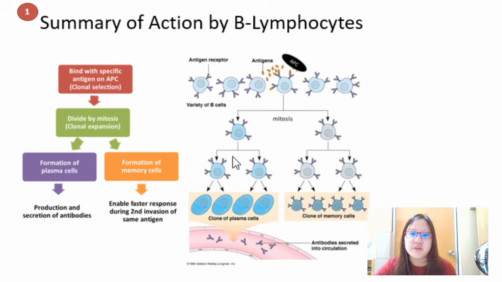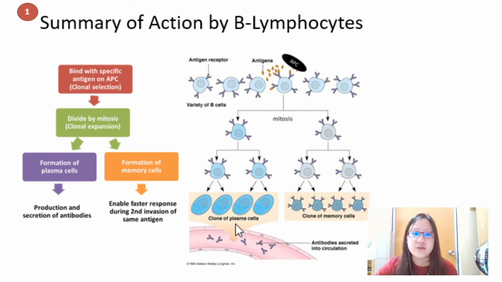So this is a summary of action by B lymphocytes. First of all, they mature. Second of all, when the pathogen invades, there is binding, okay, with the specific antigen on the APC. This is called clonal selection. And then there's division by mitosis. This is called clonal expansion.